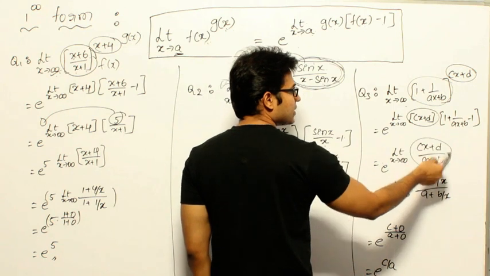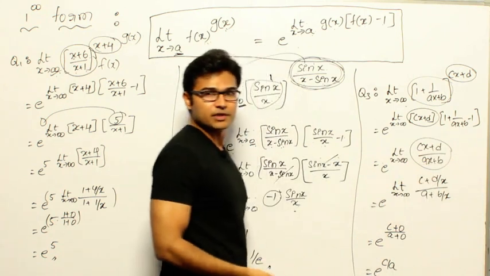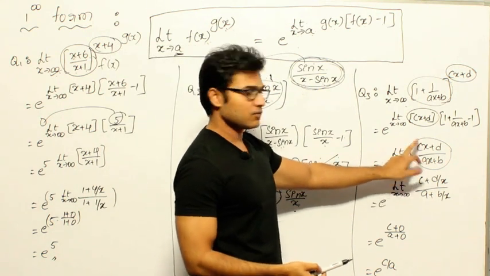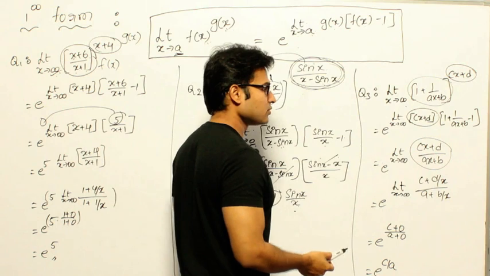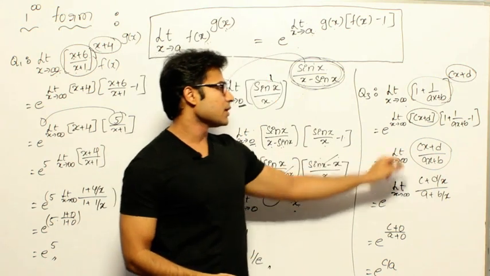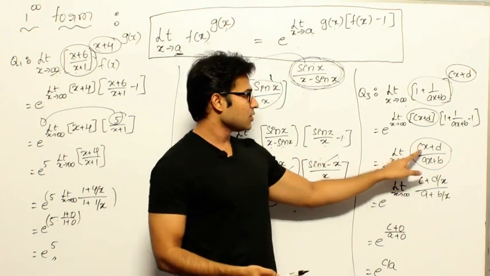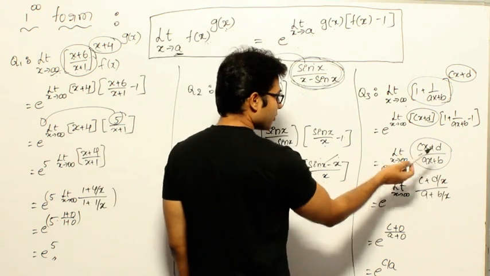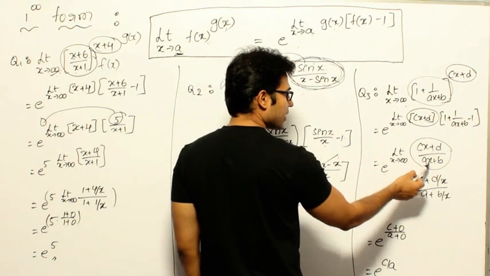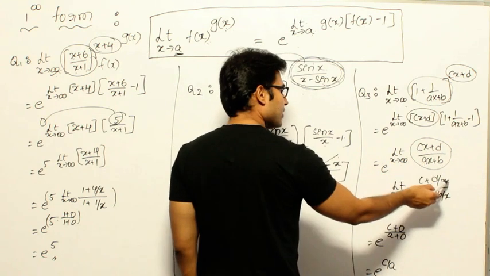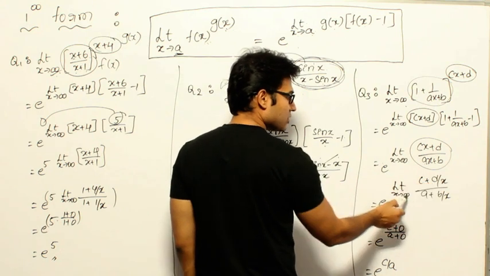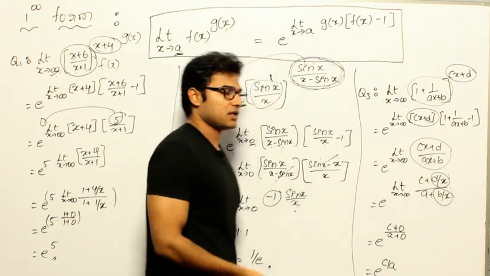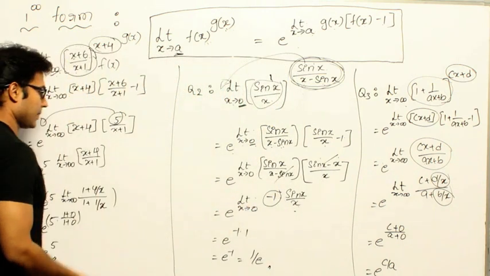Now it is simply cx plus d divided by ax plus b. If you directly substitute x equal to infinity, you are again going to get infinity by infinity form. Either you apply L'Hospital's rule there, that way you are going to get c by a, or you just divide numerator and denominator by x, that is also going to give you the answer. If I divide numerator and denominator by x, I am going to get c plus d by x over a plus b by x. Now in place of x, if you substitute infinity, I am going to get those factors as 0. So you are going to get e power c by a. Okay, fine.